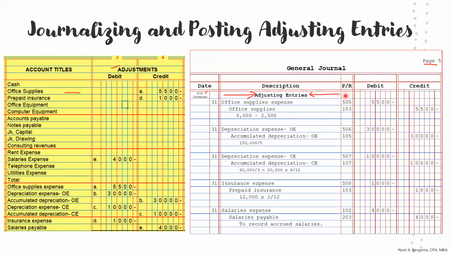Once you have posted it already, you need to fill in the PR. Isn't that double work? Actually, the worksheet is an optional step. Since we made use of the worksheet to fast track the preparation of financial statements, it does look like the journal entry-making is repeated. Later, at the end of this video lecture, I will mention what we do if we do not make a worksheet.